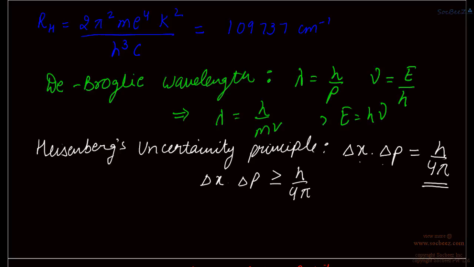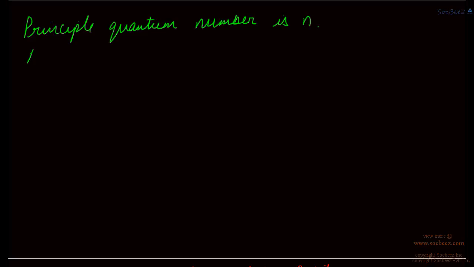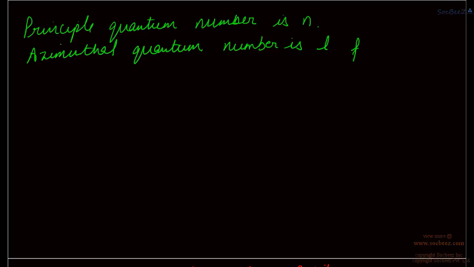Now, the quantum model. There is a theory known as the quantum model in which the principal quantum number is n. The azimuthal quantum number is represented by l, and it ranges from 0 to n−1.